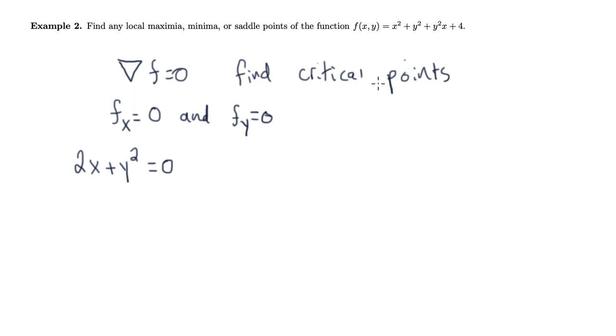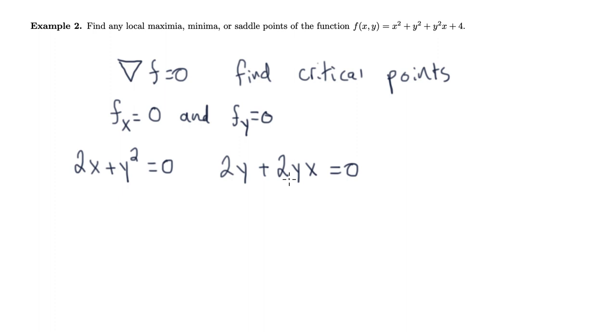And then the partial with respect to y is 2y plus 2yx, and I'll set that equal to 0. So this is something that's going to play a central role, here and also in the next topic, solving systems of equations like this.